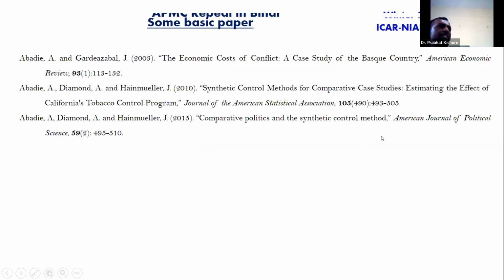So these are some of the basic papers I was talking about, by Abadie. They were the pioneers in this method, and they published these papers in 2003, 2010 and 2015.